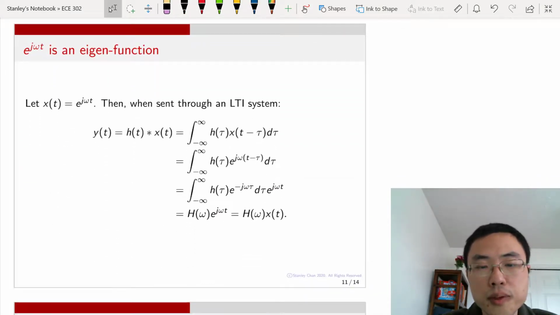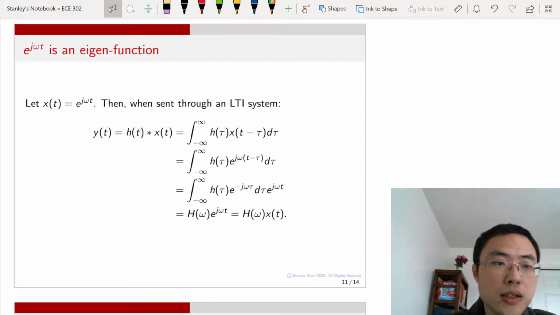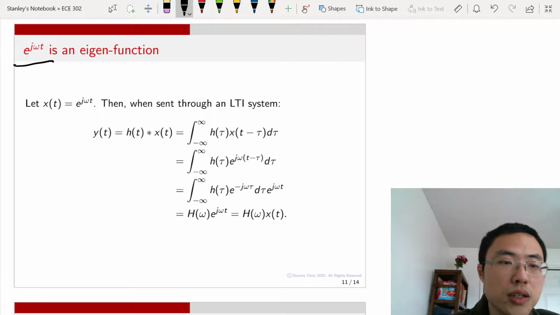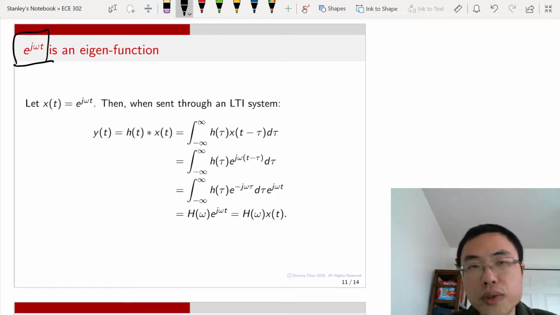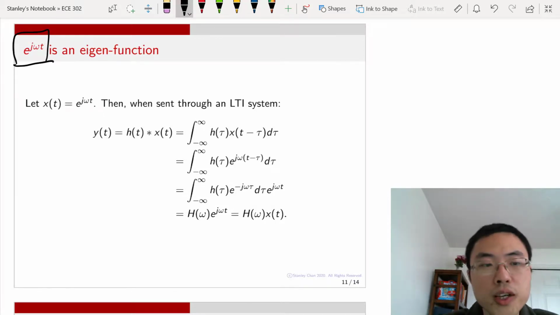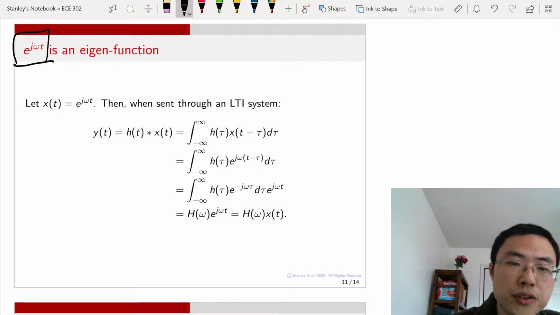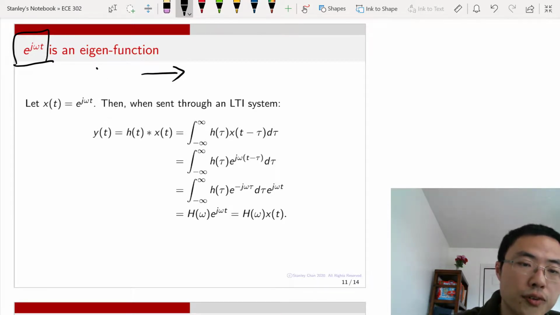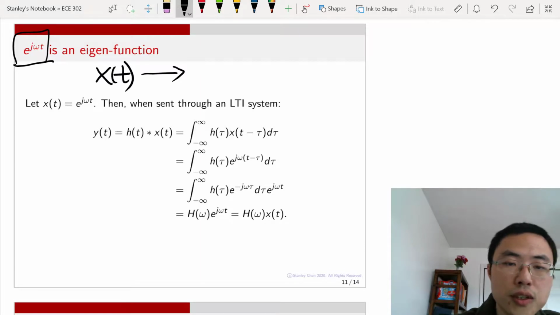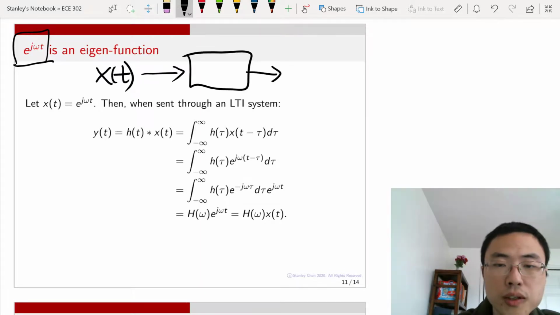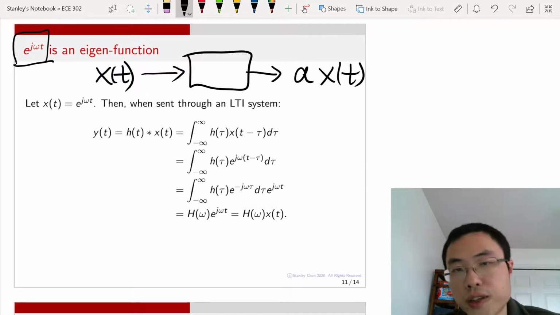The second important message that I want to share is about this function e^{jωt}, this very funny function. Why do we care about this function? It is because this function is an eigenfunction. An eigenfunction means that if you have some function x of t, in general, and you go through the black box, you will get x of t back with some scaling constant a.